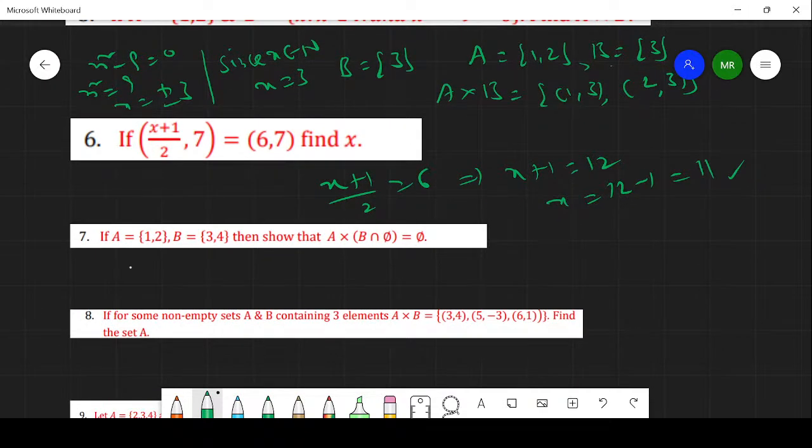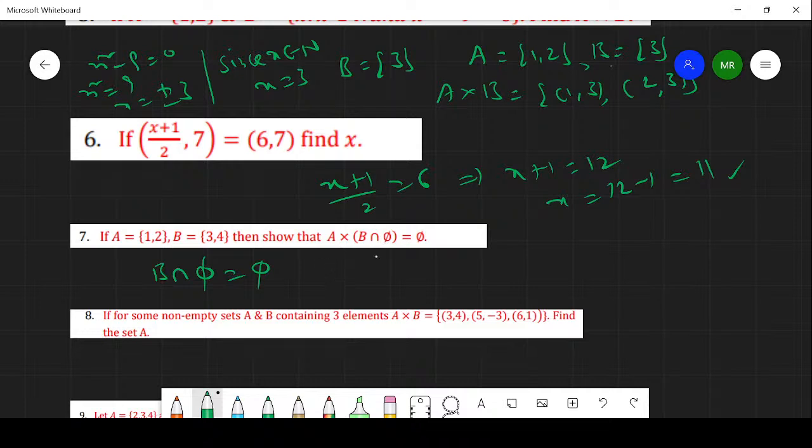Now, if A is equal to the set {1, 2} and B is equal to {3, 4}, then show that A cross (B intersection empty set) is equal to empty set. But always remember, empty set means no elements, correct? So B intersection empty set gives empty set, because there are no common elements of B and empty set.